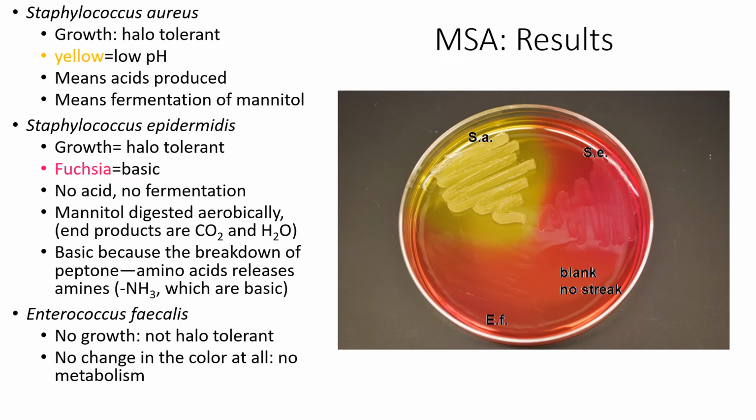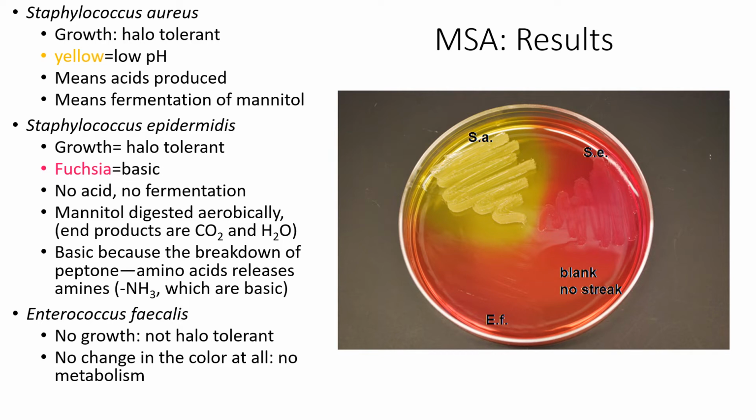That amine group is basic. That's what turns this phenol red fuchsia, the breakdown of peptone releasing the amine. This is my proof positive that Staph epidermidis is already eating peptones instead.